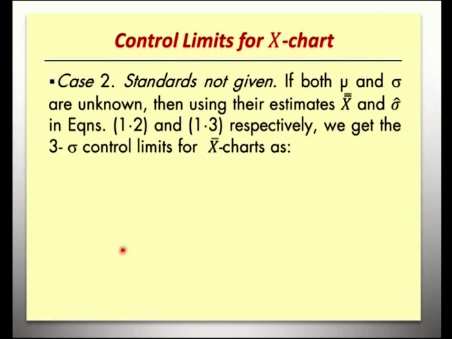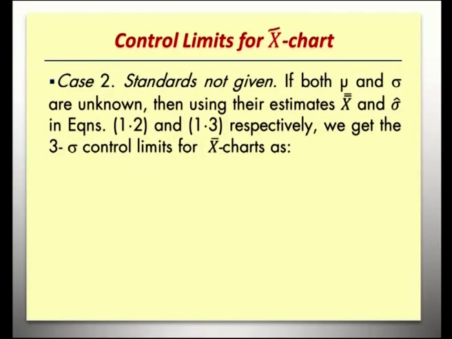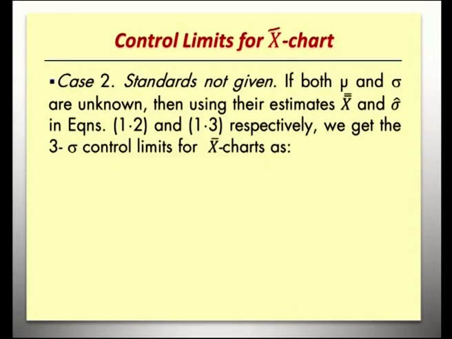Next, control limits for the x bar chart, case 2, when the standards are not given, that is, if both mu and sigma are unknown. Usually the population values will not be specified, because we are doing the sampling only for giving an interpretation about the population. So, population values need not be known. If both mu and sigma are unknown, then using their estimates x bar bar and sigma cap in the above two equations respectively, we get the 3 sigma control limits for the x bar chart as follows.